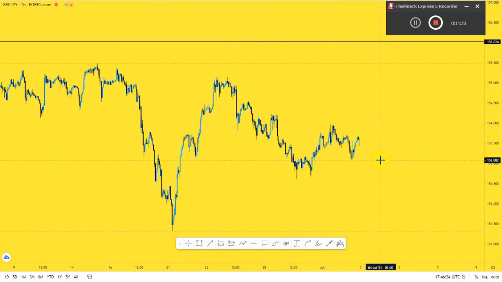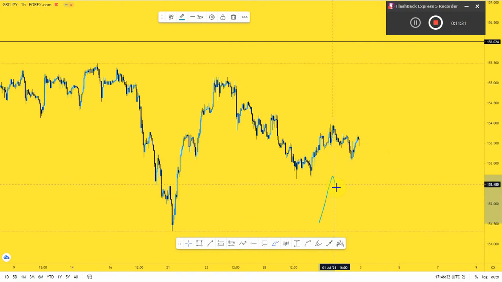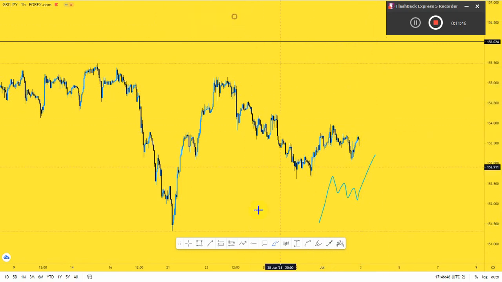The correction must be in the opposite direction of the overall push. So if you have an impulse move to the upside, the correction must be to the downside. Impulse move in the overall direction, correction in the opposite direction, impulse move to the downside.